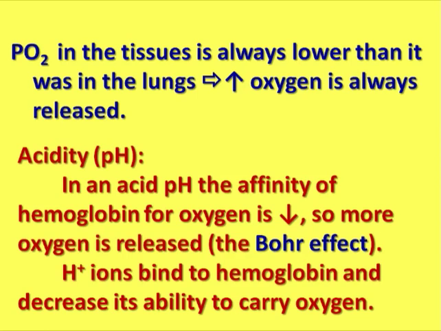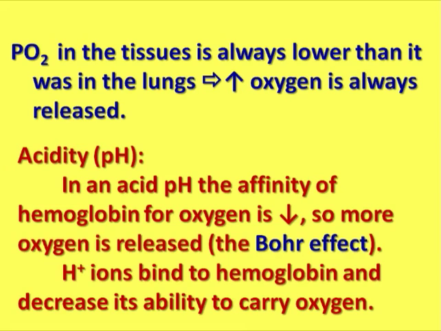Now, when we talk about the transport of oxygen, some other factors like the acidity or the pH are also involved. In an acidic pH, the affinity of hemoglobin for oxygen is low.